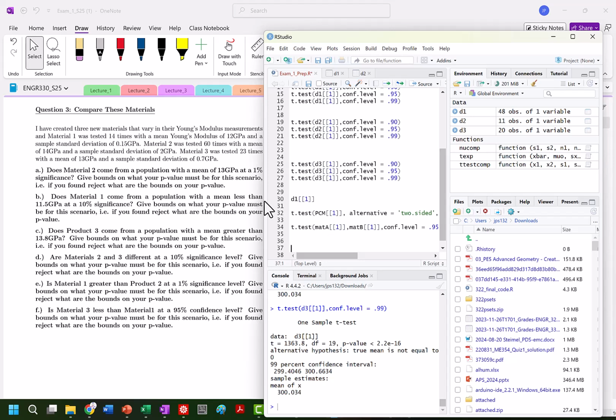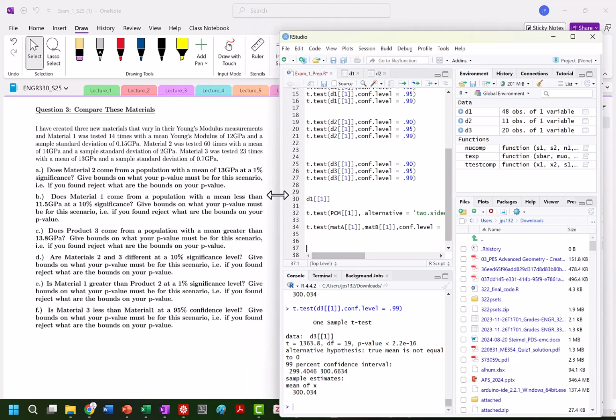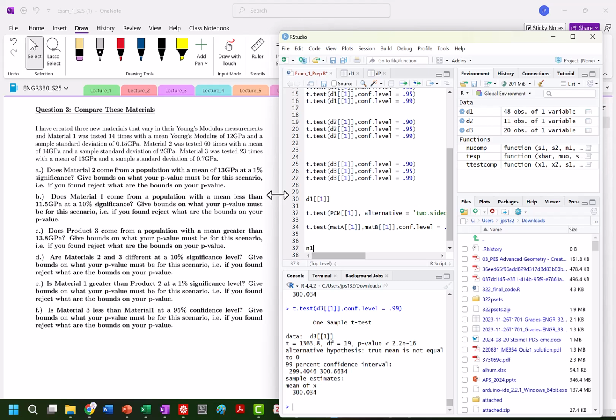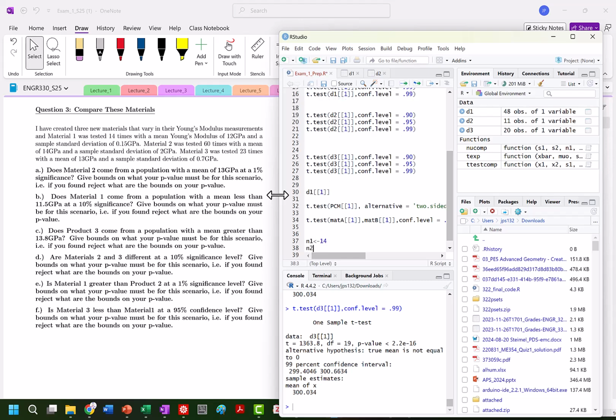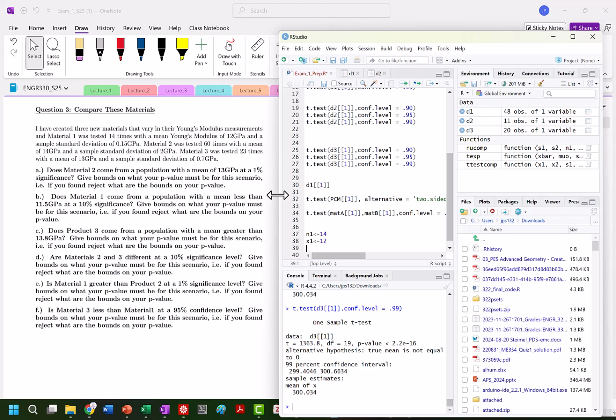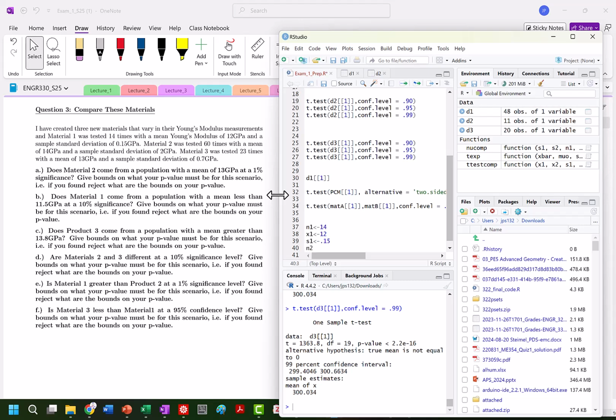Material tested. Our n1, the number of measurements, is equal to 14. Our x1 is 12. Our s1 goes to 0.15. Our n2 goes to 60.